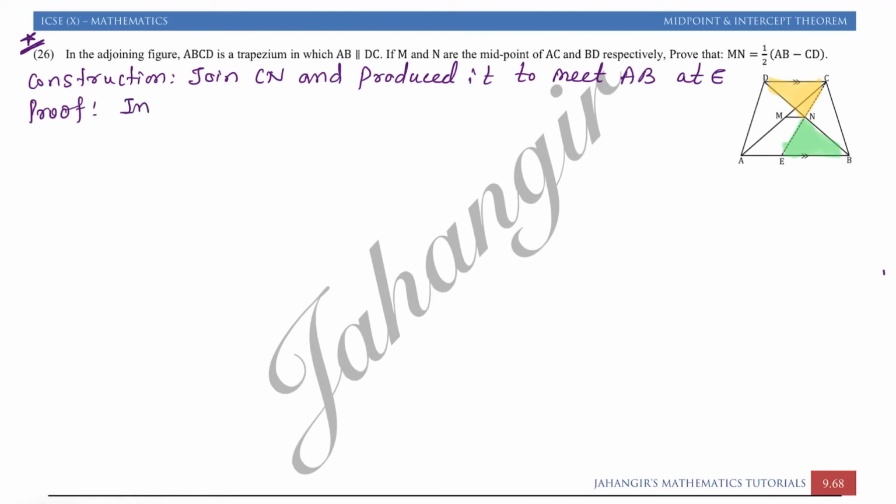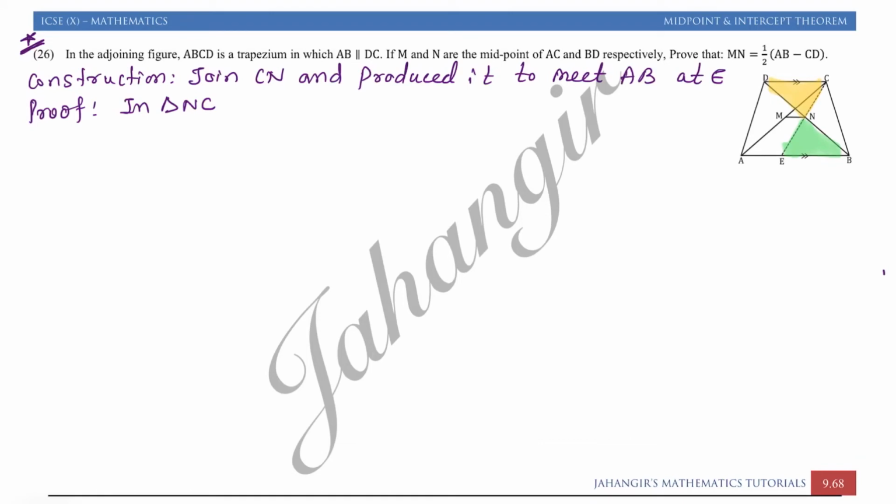We need to take in triangle DNC. Why are we taking this triangle? To prove N is the midpoint of this line. Because once you prove this line CE has midpoint N, then we can consider a triangle, this one. There we can say MN is equal to half AE. That we can do as it goes on.